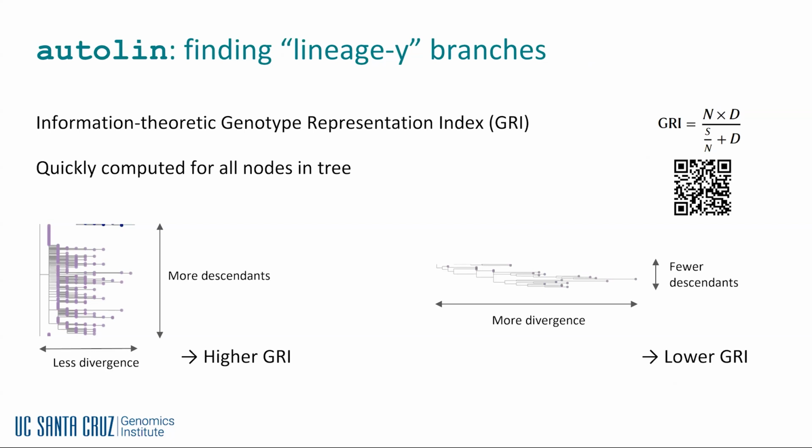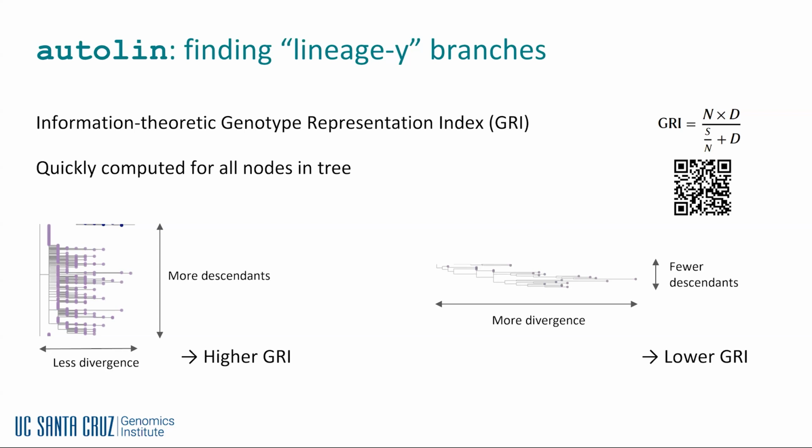The manuscript has this nice long mathematical derivation of this genotype representation index, but this is what it ends up looking like: a simple function that can be computed rapidly for every node in the tree. That's what makes it scalable. But the basic idea is that if you have a branch of the tree, like the one on the left, that has many descendants and a reasonable amount of divergence within that branch, it ends up with a higher score.